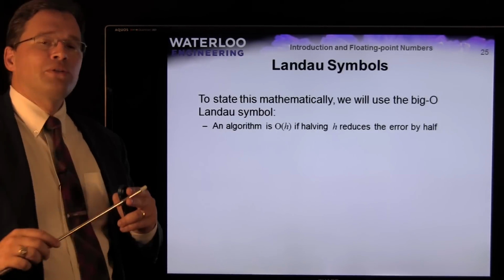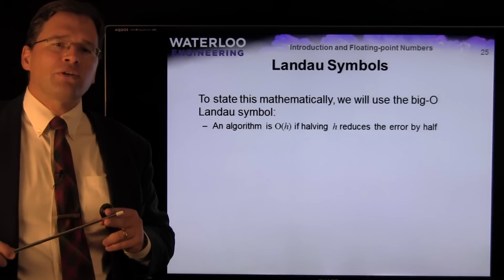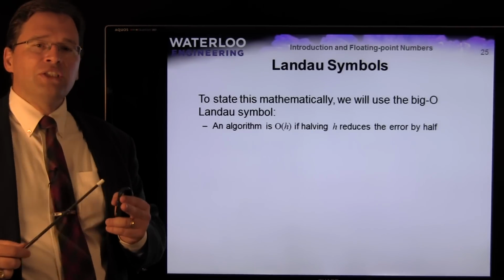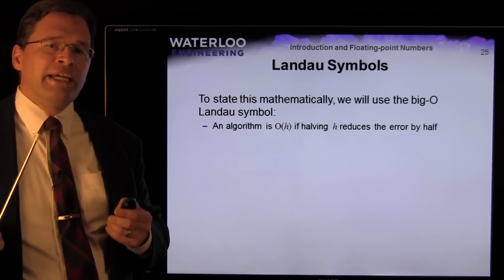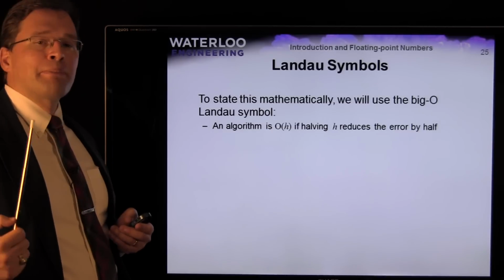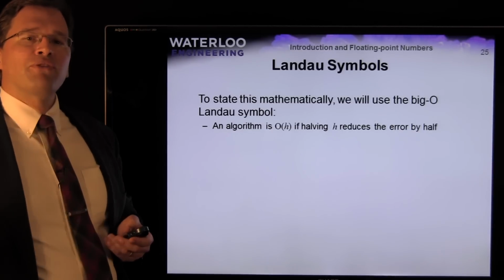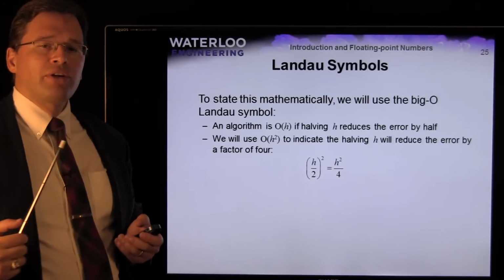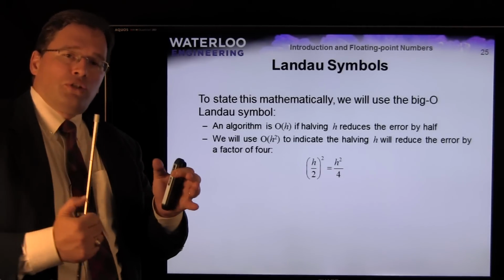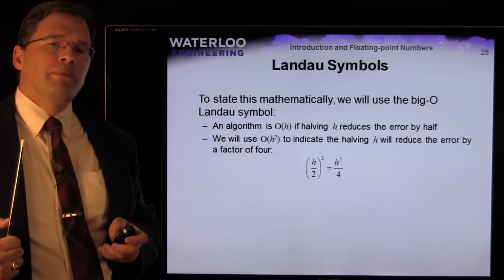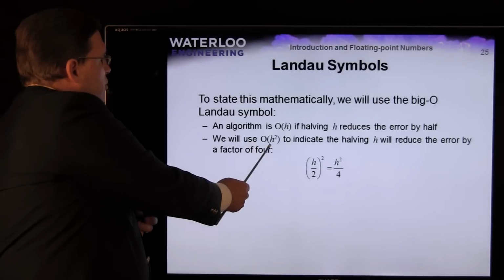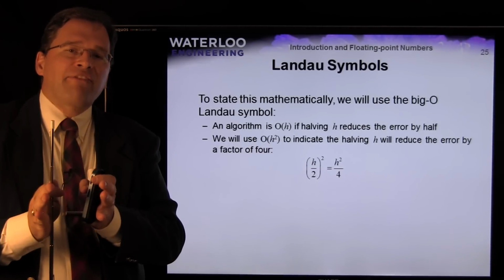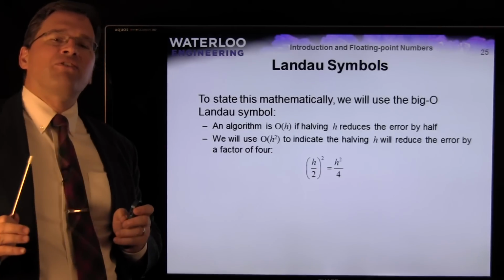How do we represent this? We're going to use the big O notation, or the big O Landau symbol. So an algorithm is going to be said to be order h with respect to this value h if the error is proportional to h, and so therefore reducing h by half reduces the error by half. If, however, the error is proportional to h squared, then we will say that the algorithm is order h squared, and now reducing h by half reduces the error by a factor of 4.